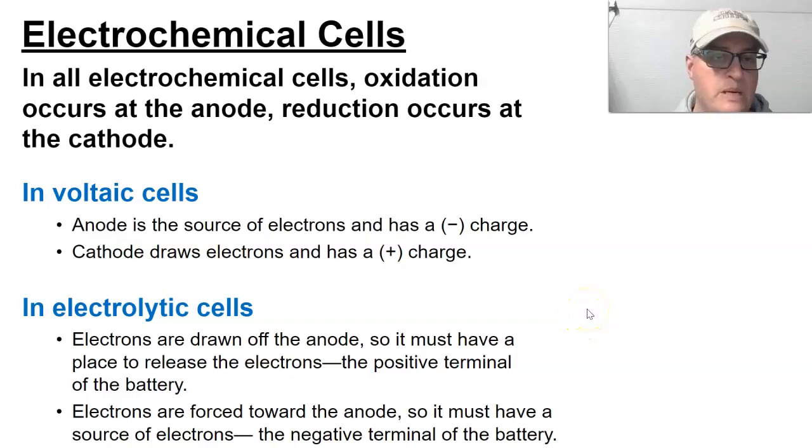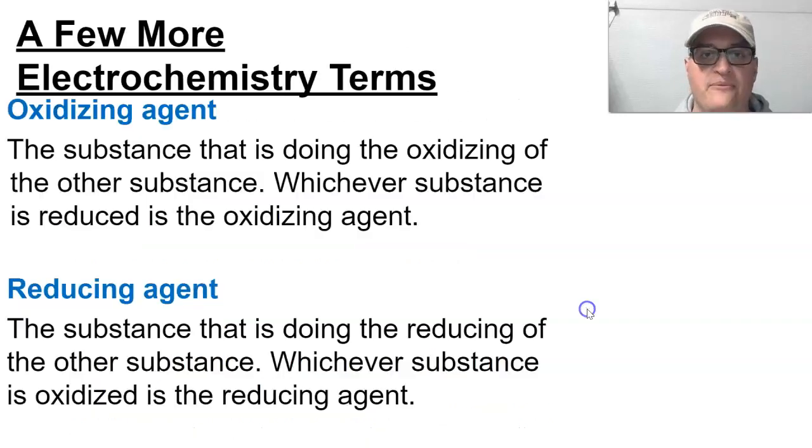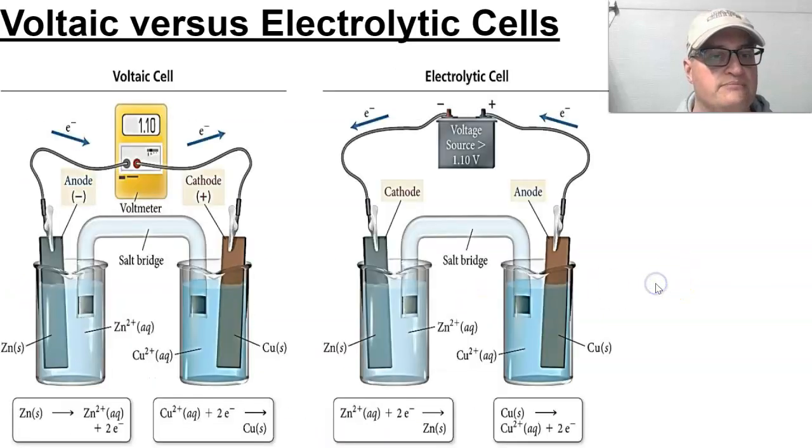So if it's got a battery, boom, electrolytic. If it has what's often called a voltmeter, that is meant to measure the amount of volts in a voltaic cell. So voltaic cell, you can see you've got the voltmeter. Electrolytic cell, you've got the battery. Again, this is the anode because that's the source of electrons.